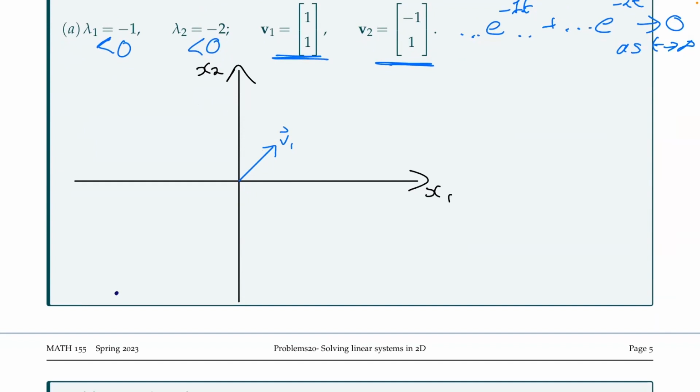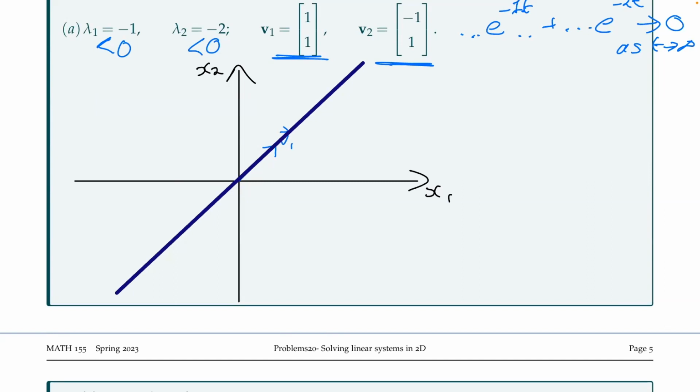So what that means is that all of my eigenvectors sit along this line here. Now, this was v1, my eigenvector that's associated with my first eigenvalue, lambda 1.